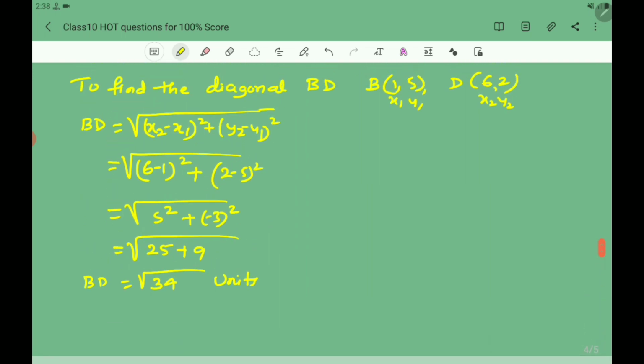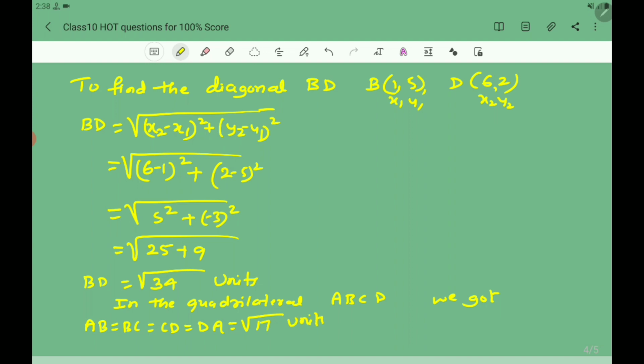Then in the quadrilateral ABCD, we got AB equals BC equals CD equals DA, all are equal to square root of 17 units.